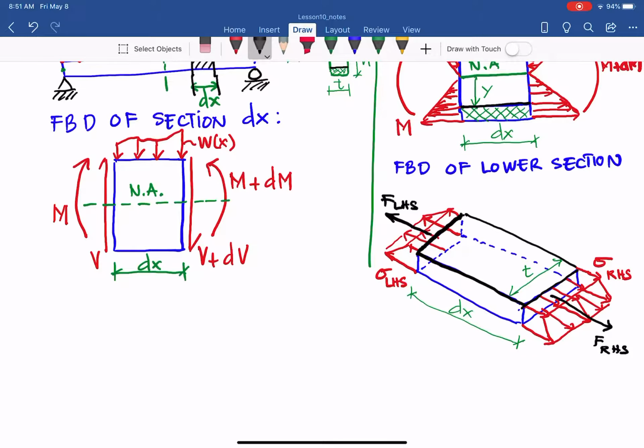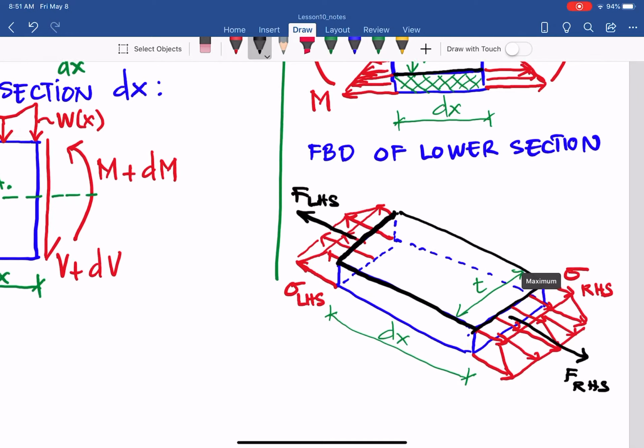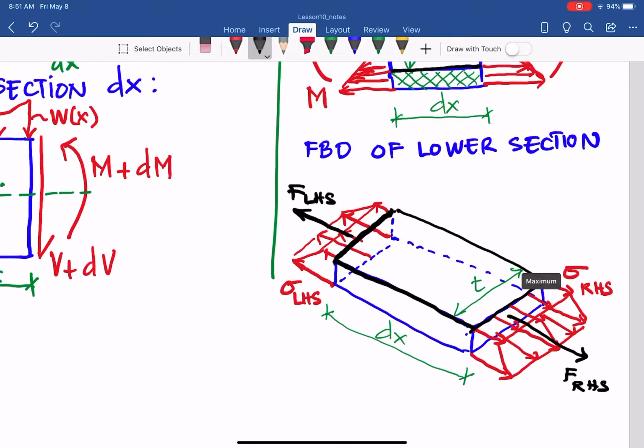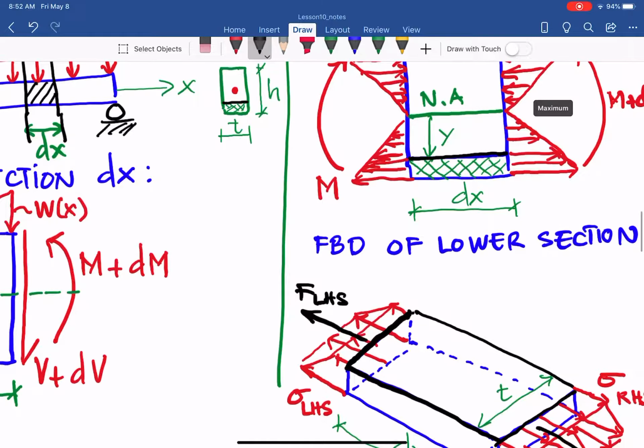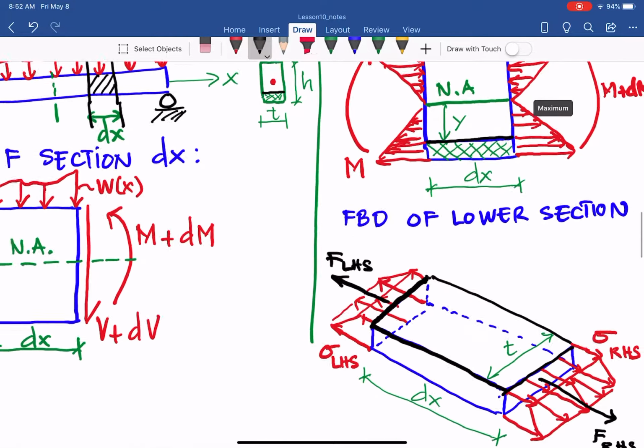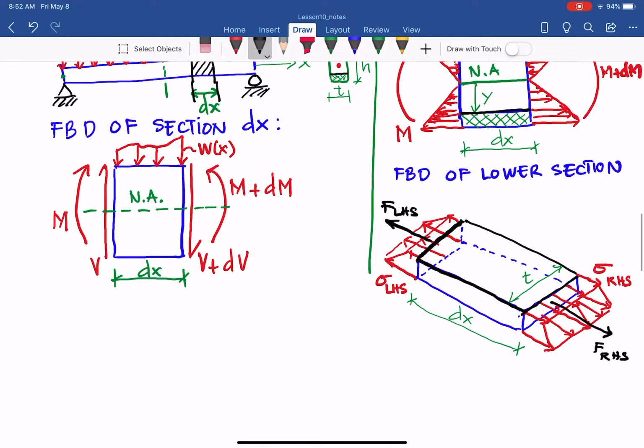And as we cut in the black surface that you have in there, right? You cut at a position y from the neutral axis. Then what we have here is the shear stress on the cut, remember.